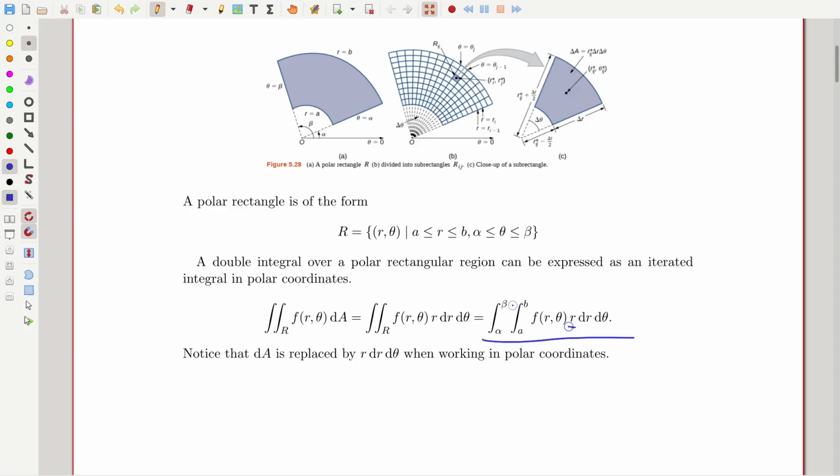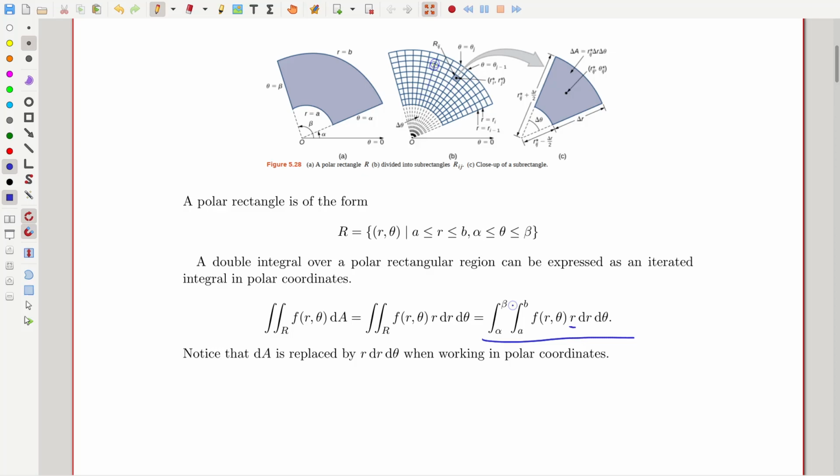Now, this is because if you look at how the differential element for area is set up, and the book goes through some work to actually show this. I decided to skip over it because the derivation is not too important. But the idea is, as you can notice in this picture, the size of the polar rectangles changes in a way that depends on r.